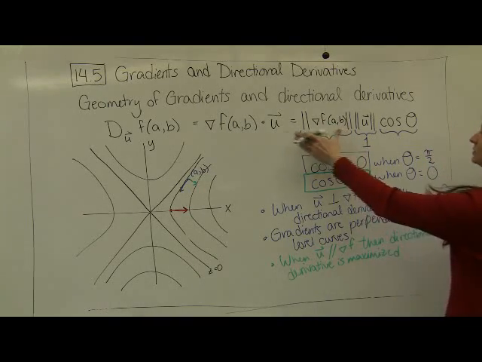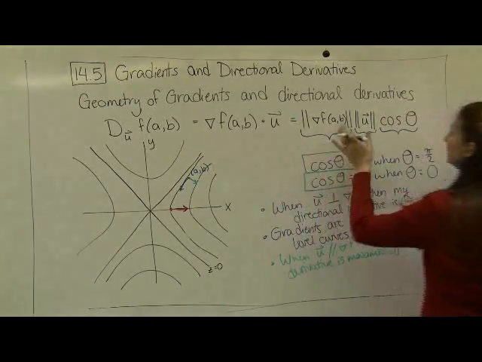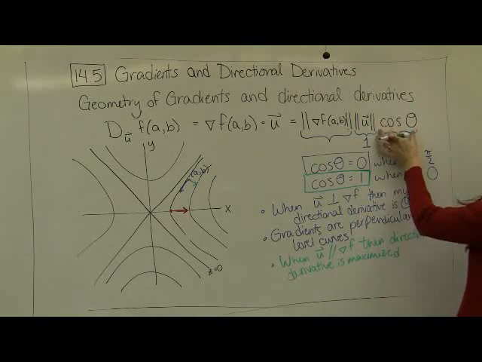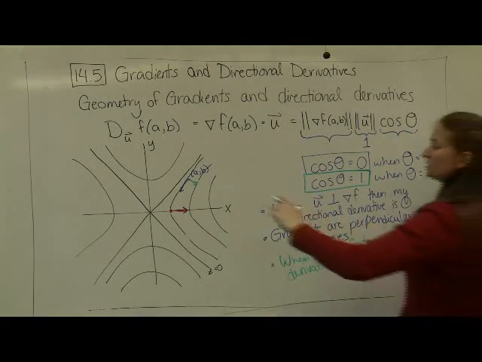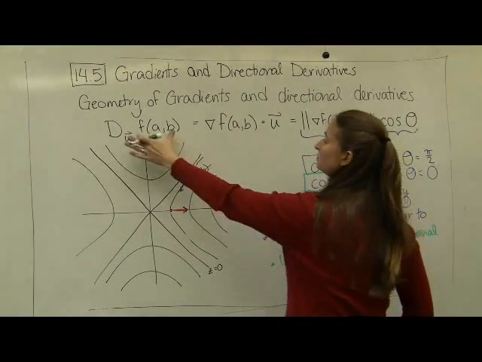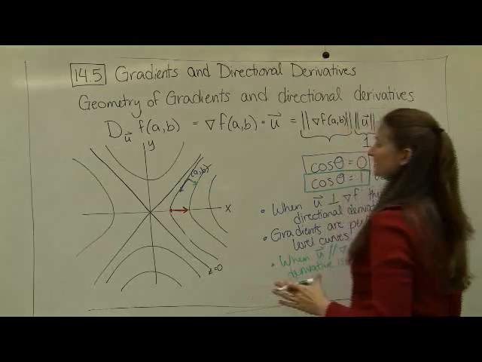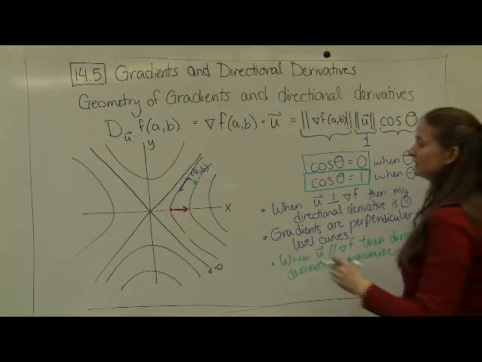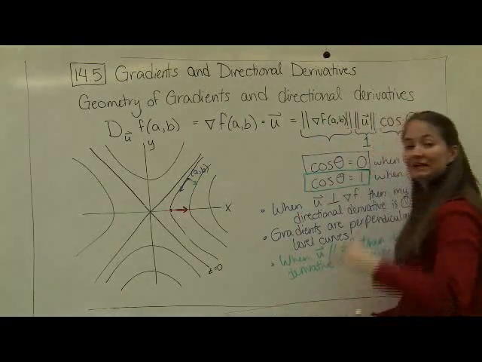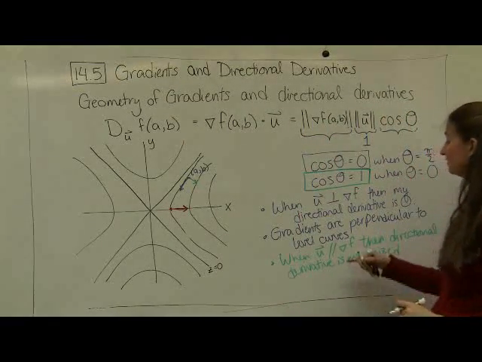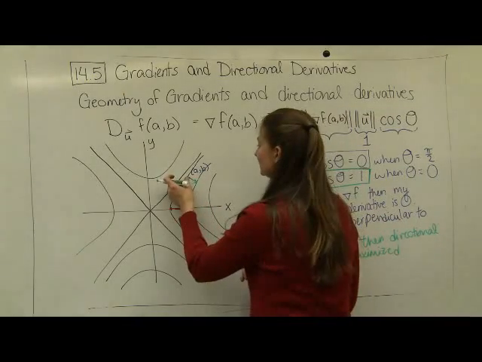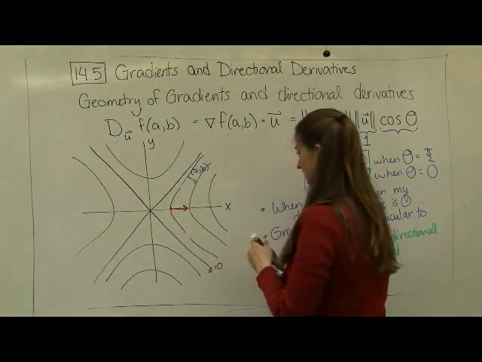I mean that these two things stay fixed, and so the only thing that changes is that angle between them. So as my direction vector spins in circles, the directional derivatives that I get out can vary in values. And we find out that those values are highest when I'm traveling in the same direction as the gradient.